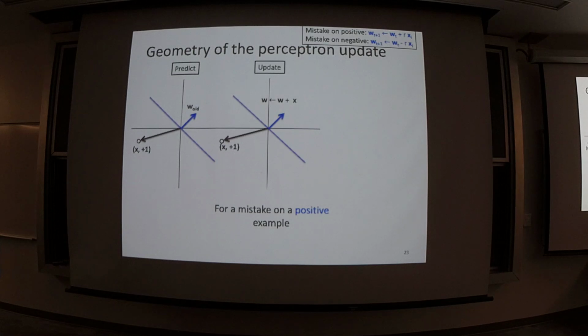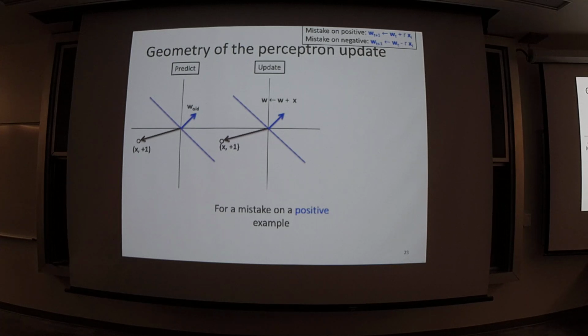We follow this rule: for a mistake on a positive example, we add to the current weight vector a constant r multiplied by x_i. r is a positive constant. Here we take r equal to 1, so we add x to w to update w. Now let's see how this changes the classification boundary.